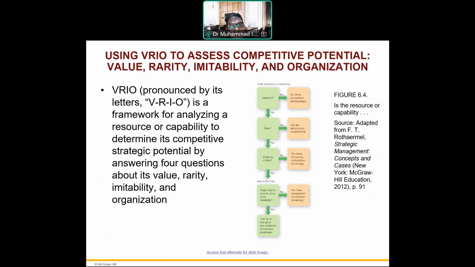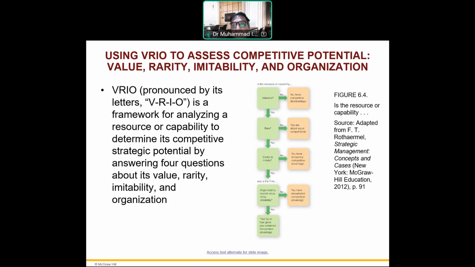If those resources are valuable but not rare, you have about equal competitiveness. I mean, you are somehow the same as your other competitors, no advantage yet. But if your product is valuable and rare, yes, then move to costly to imitate or copy. If no, everybody can copy your product, it means you have temporary competitive advantage.